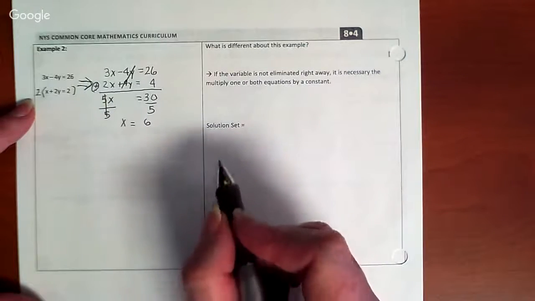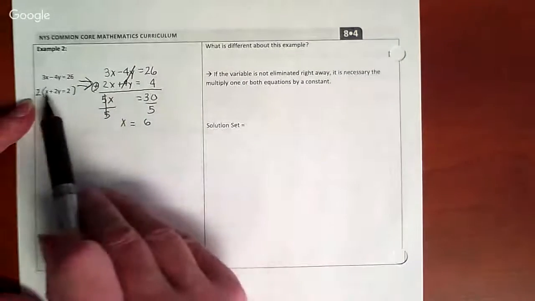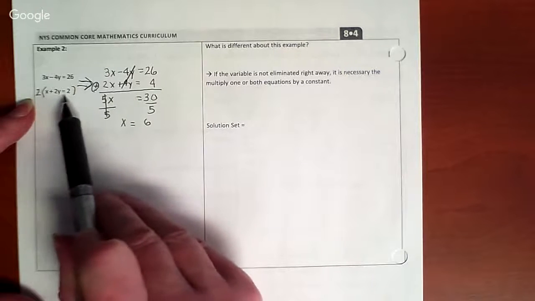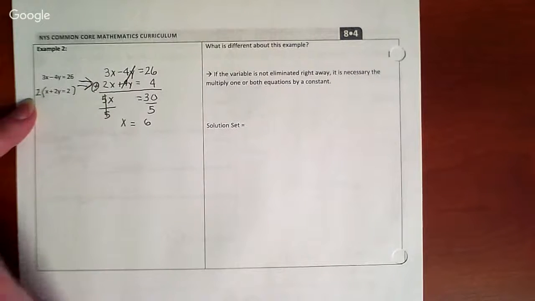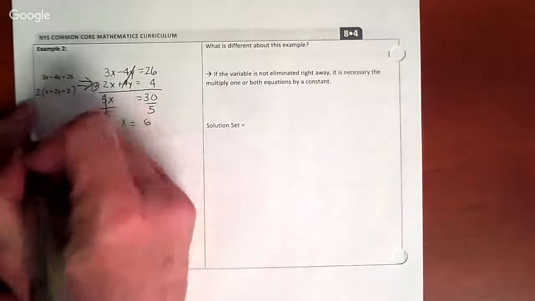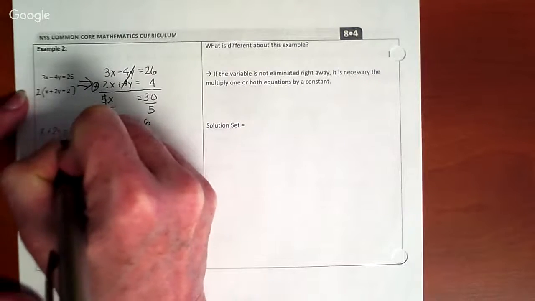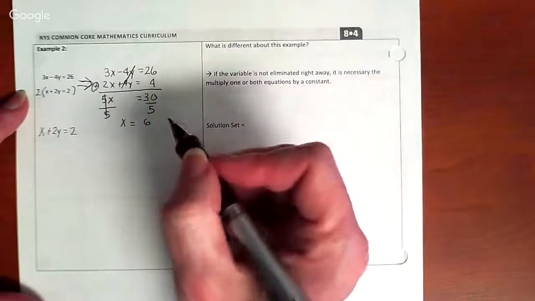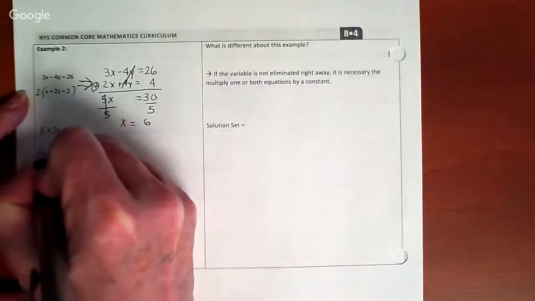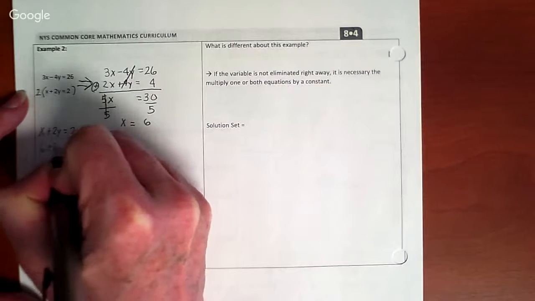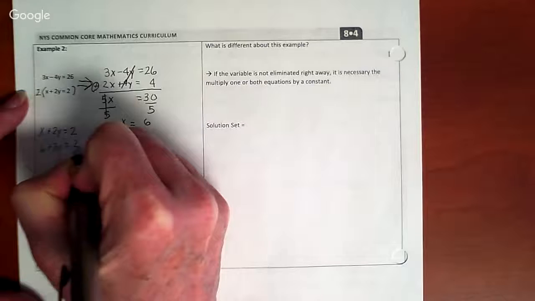Now, I'm going to put it into the original equation anyway. So I have x plus 2y equals 2. Replace x with 6, so 6 plus 2y equals 2.